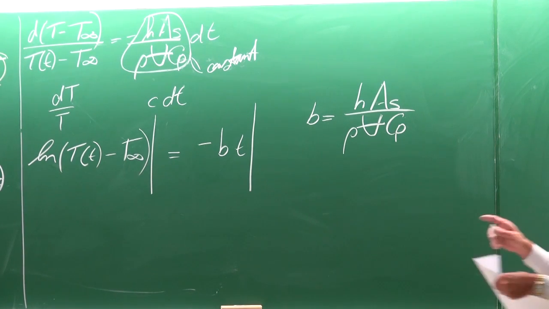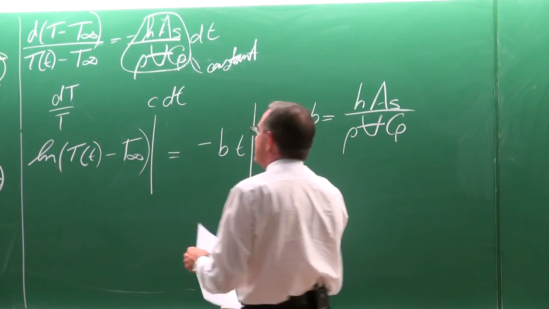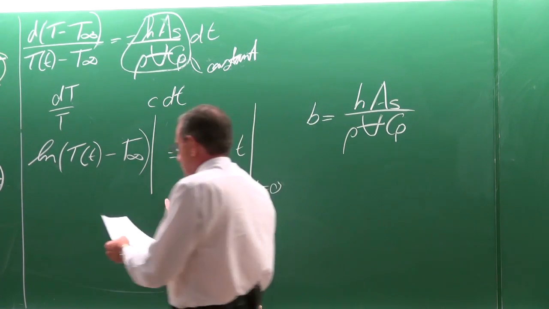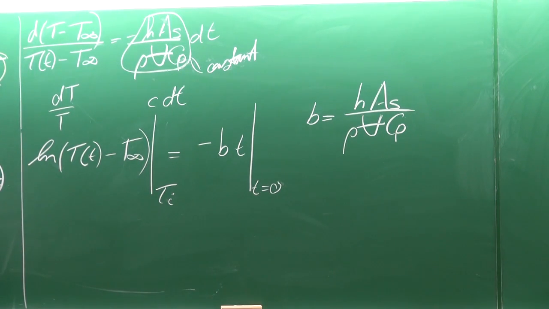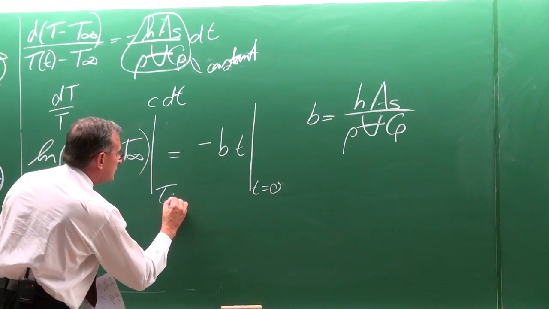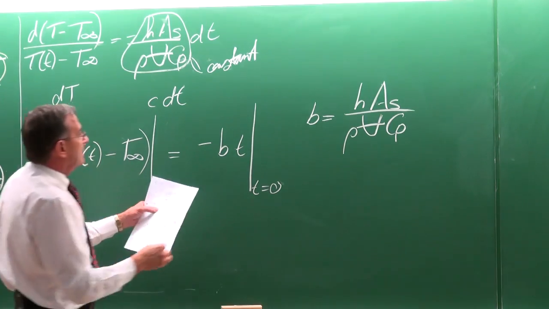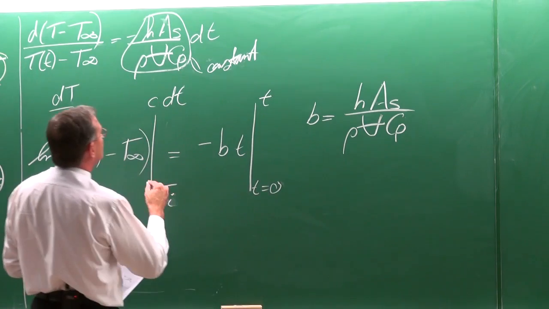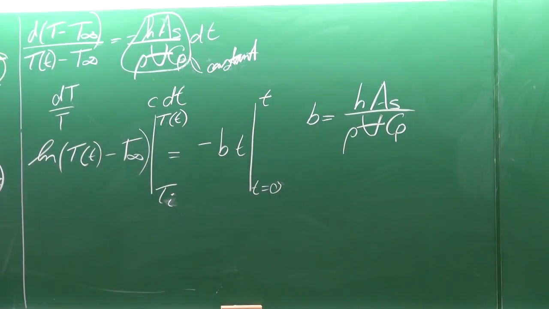In the integration, when t is equal to 0, then this temperature is equal to Ti. You agree? So that temperature is Ti at t equals 0. Then what we want to solve is the temperature T as a function of time.